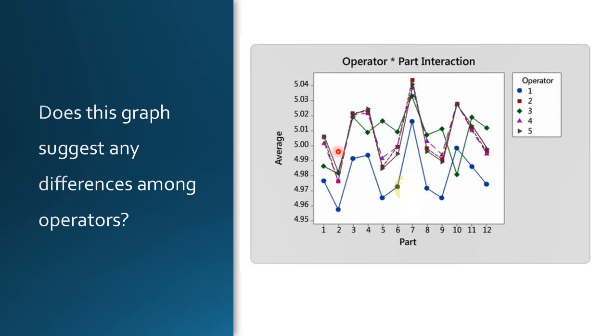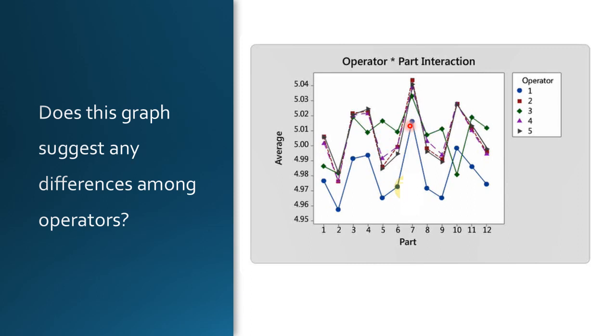And operator one's average measurement for each circuit board is lower than other operators' measurements for all but the 10th board. This tells us that the differences are independent of the part being measured.